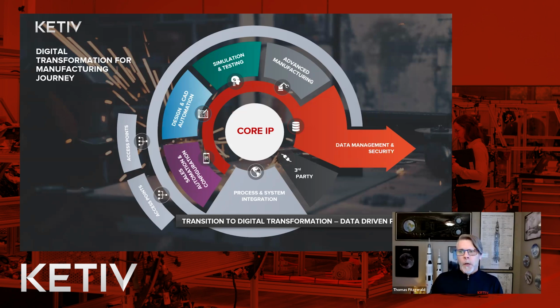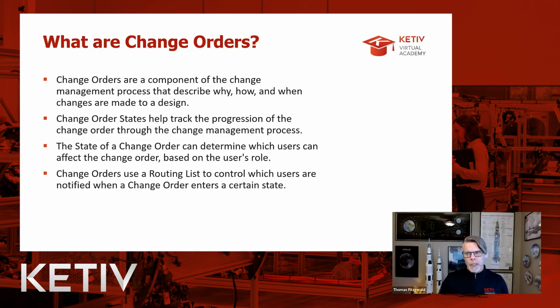So what are change orders? In the world of Vault, change orders are basically a way for us to control or even manage the change management process. It's a way for us to describe why we need to make a change, how we make a change, or when we might need to make a change.